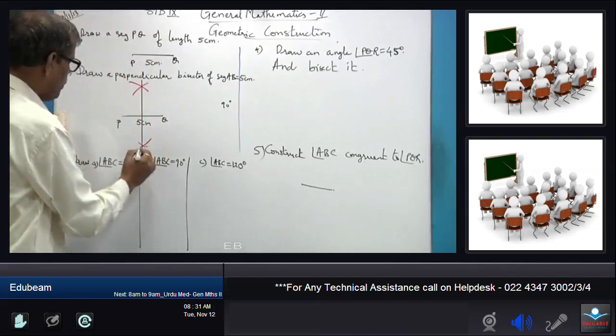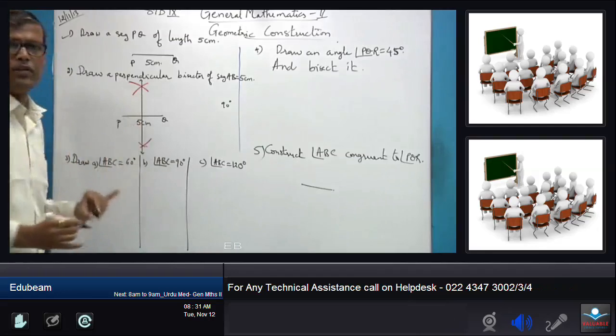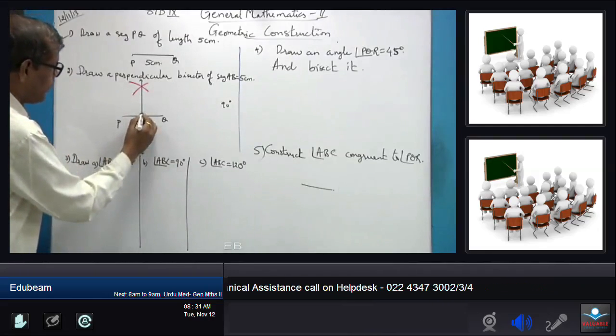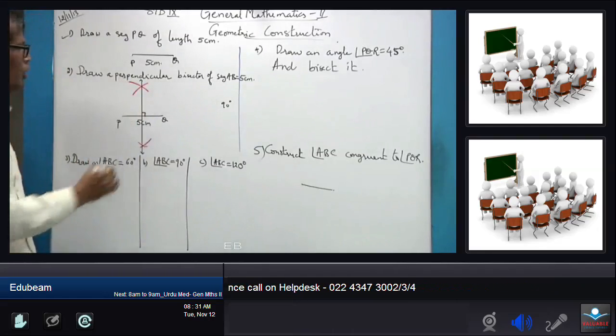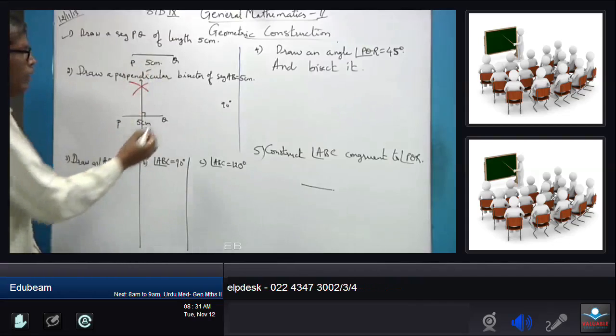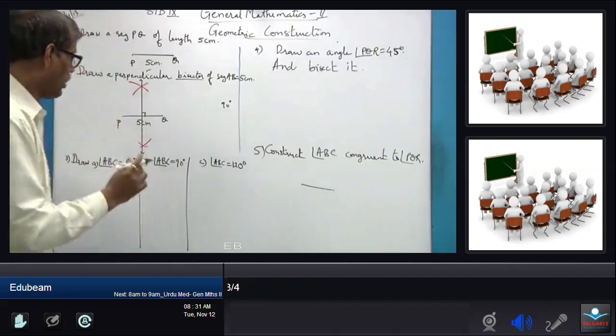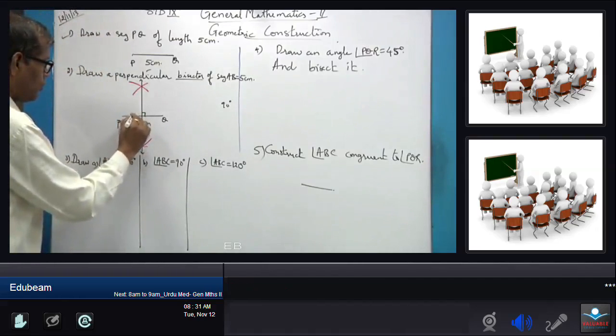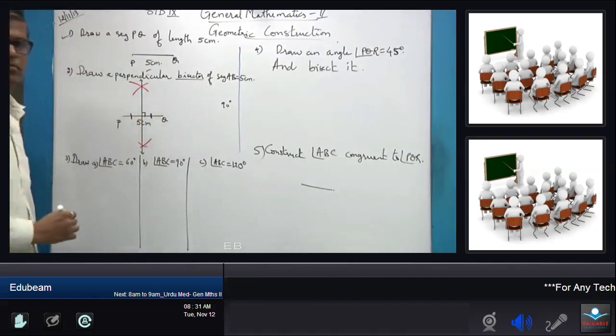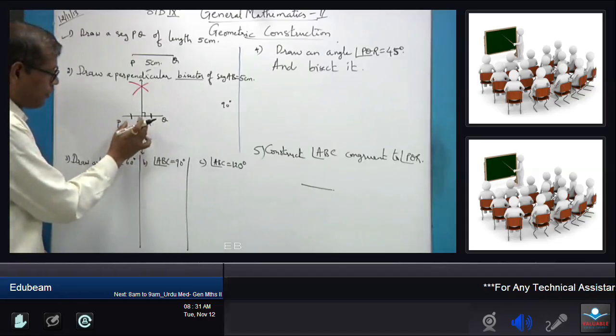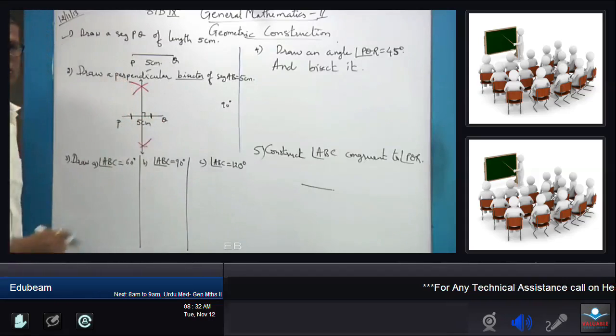It is perpendicular and bisector. Perpendicular in the sense you will get this as 90 degrees, and bisector means you are going to divide it into two equal halves. So these two parts will be equal. If you take this as 5, this will naturally be 2.5 and 2.5.